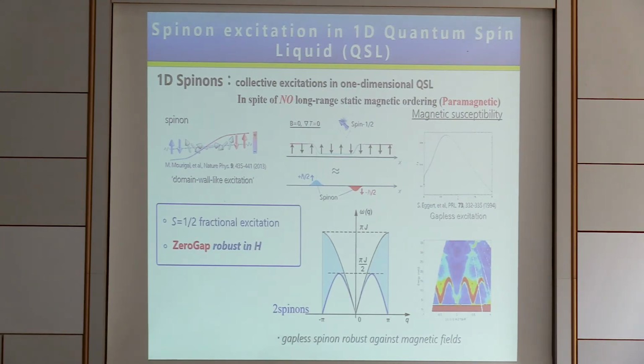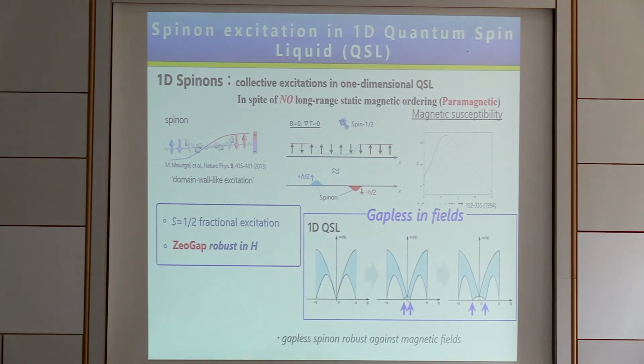So a good point for the spinon is there is no gap, because in the spin wave case, by applying the magnetic field, a gap appears in the spin wave sector, but in the spinon case, by applying the magnetic field, this point is shifted along the k vector. There is no gap, because of the interference of the quantum fluctuation. So there's no gap up to the scale of J, like 1000 Kelvin. So this gapless feature is very stable.